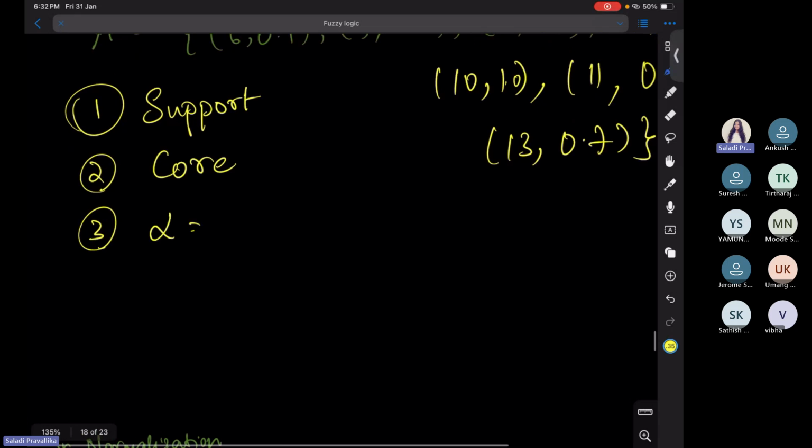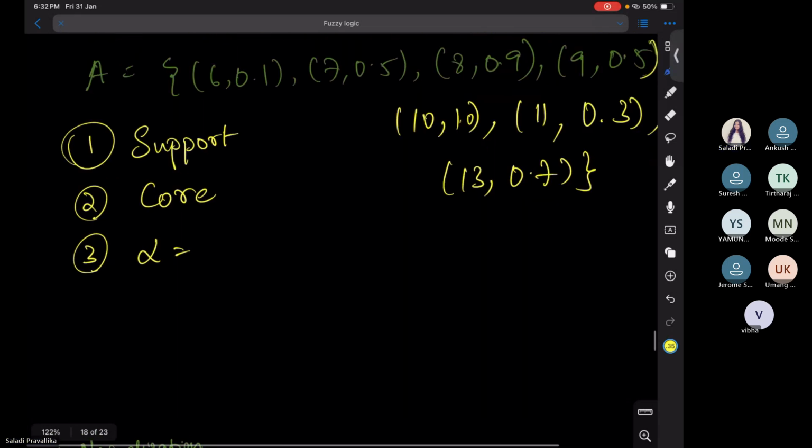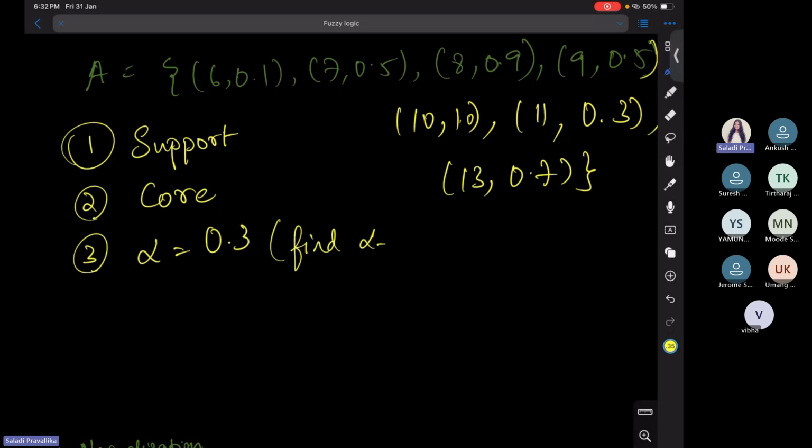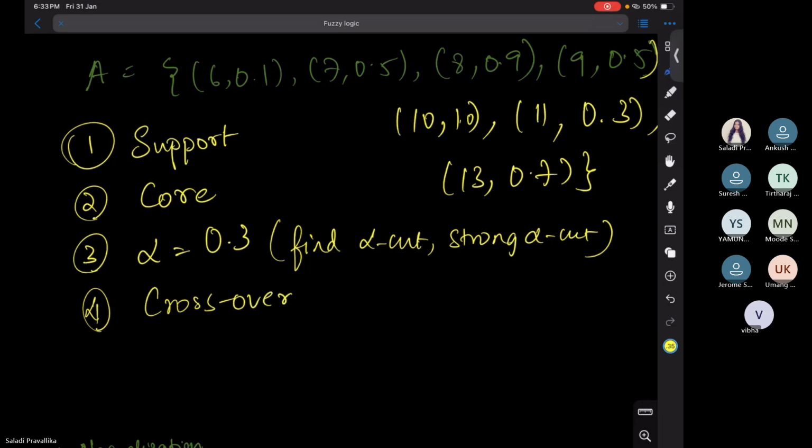Then for alpha equal to 0.3, find alpha cut and strong alpha cut. And also the crossover, so alpha should be equal to 0.5.